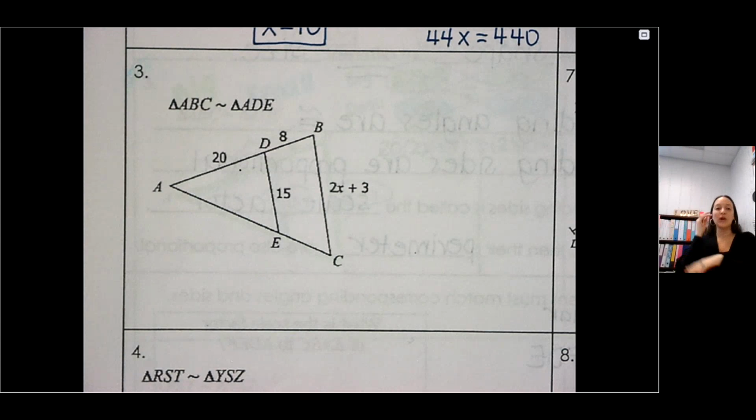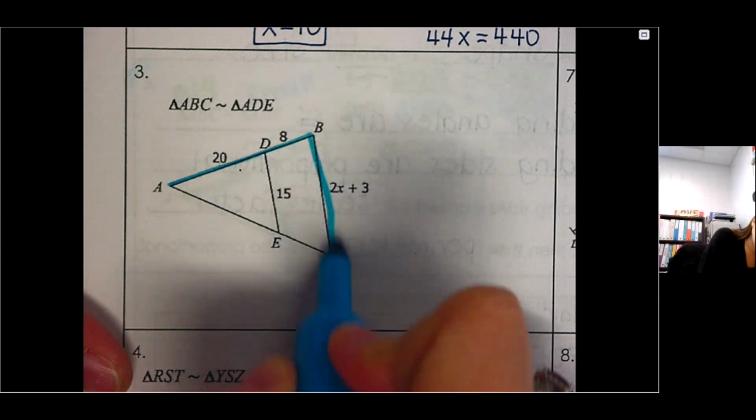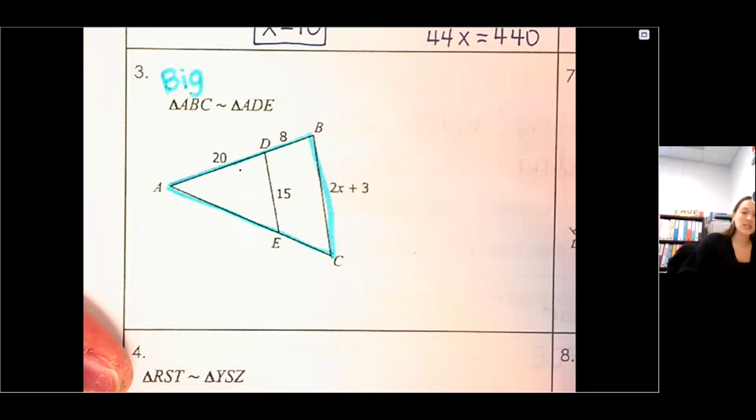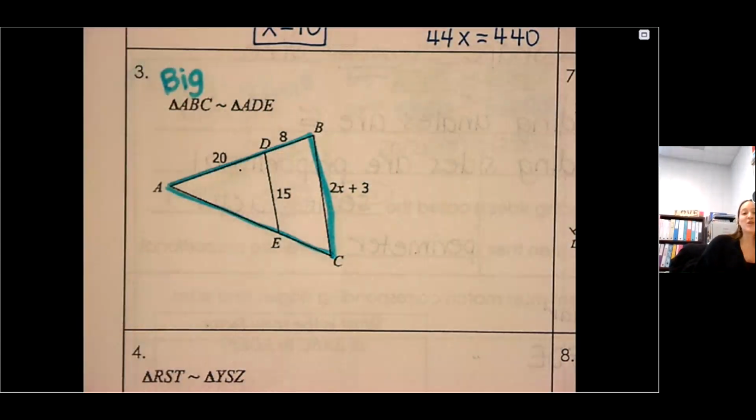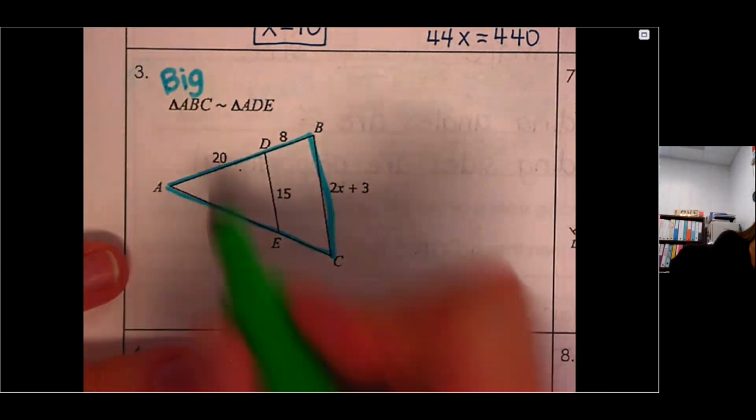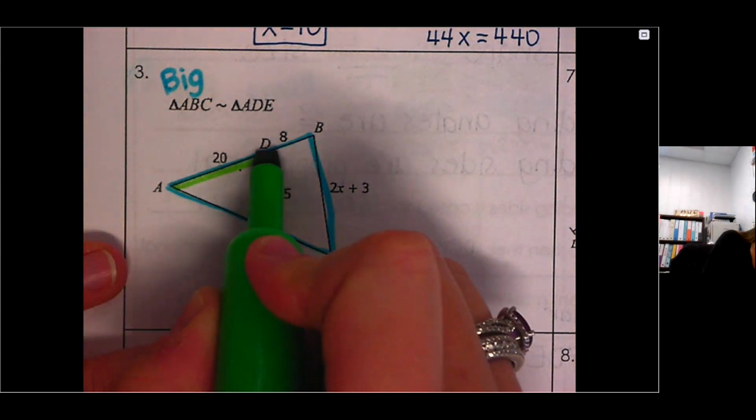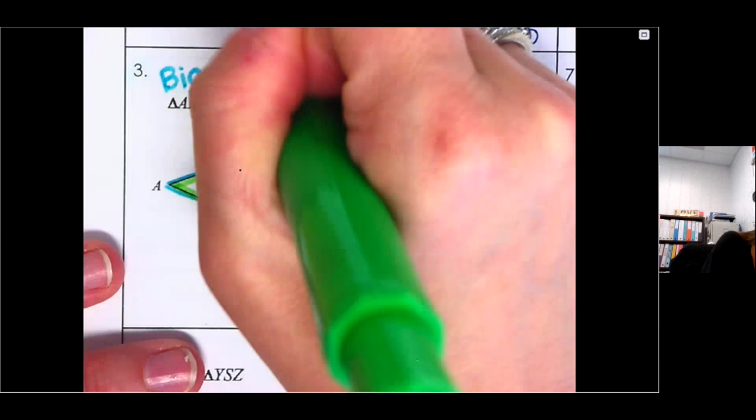They're overlapping triangles. So you've got triangle ABC. That's the big triangle. Triangle ADE is laying on top of it. That's this small triangle here.